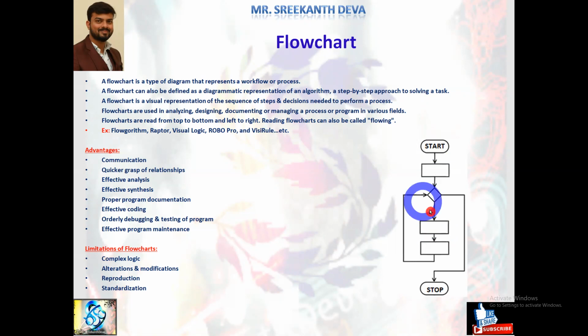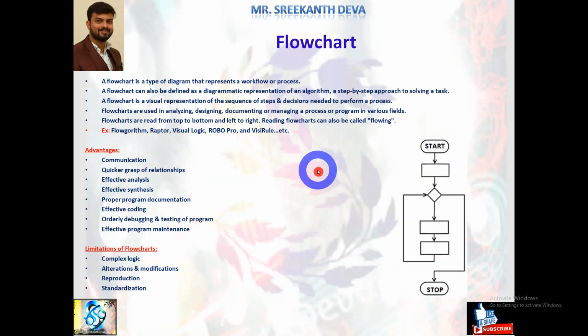Next, decision symbols. Logical operations are indicated in flowcharts using what? Decision symbols. A decision symbol has what main components? Based on the decision, if it is true it executes something, if it is false it executes something else. Don't worry, we'll discuss each and every flowchart symbol with explanation in the next slide.